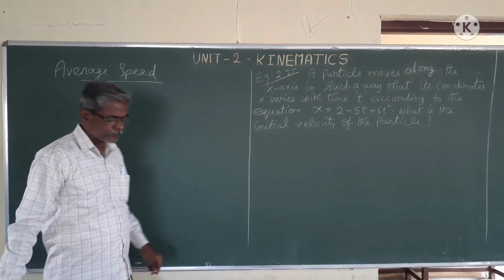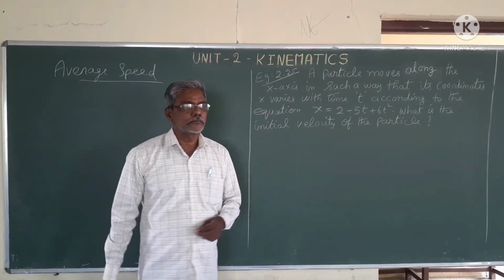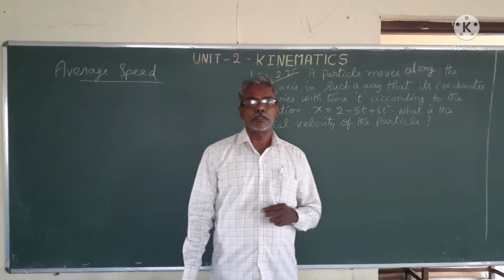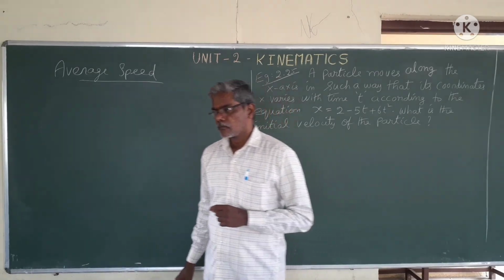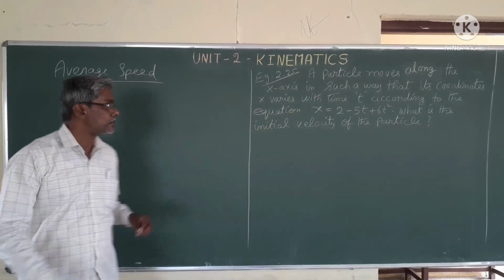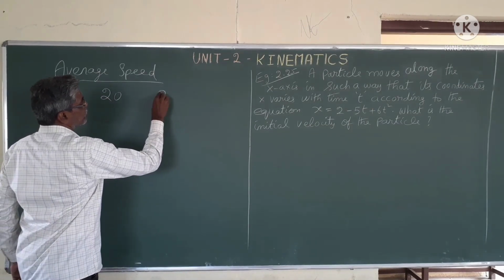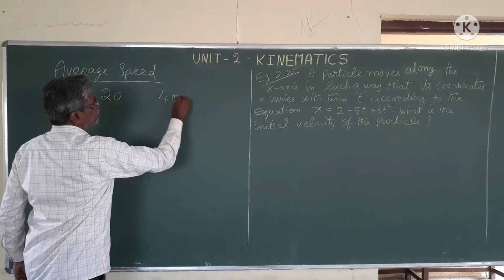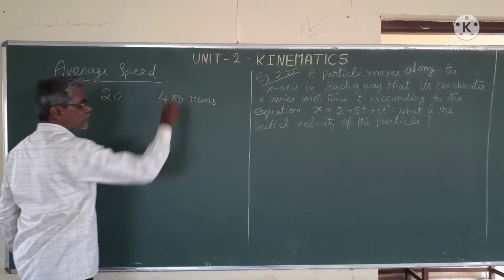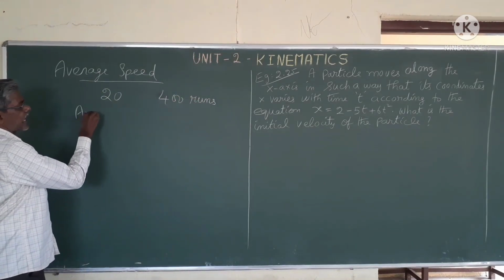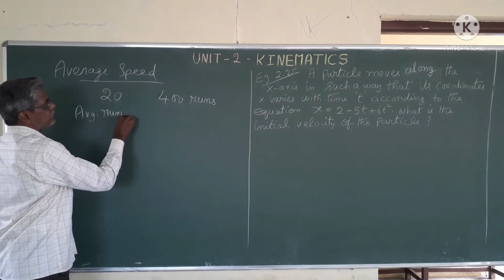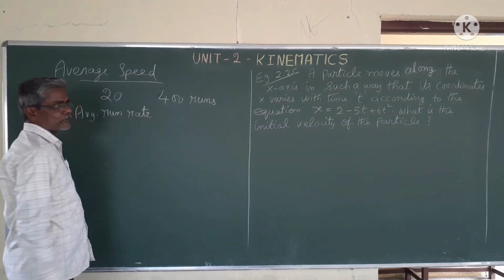For example, let us take our Indian cricket team. For 20 overs, they took 400 runs. What will be the average run rate? How to find?